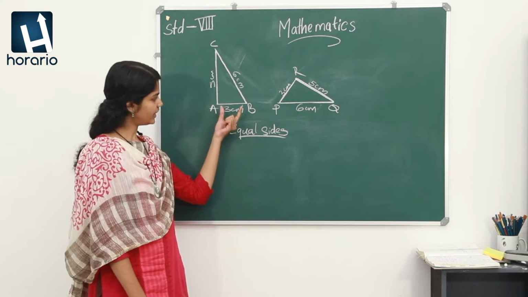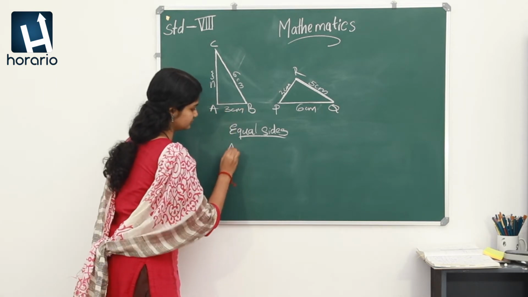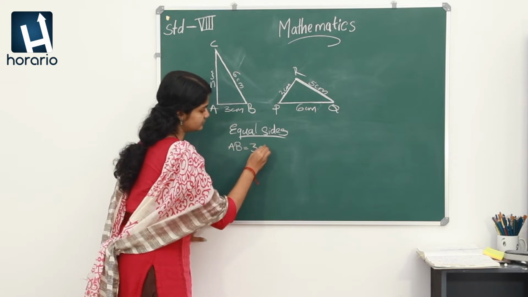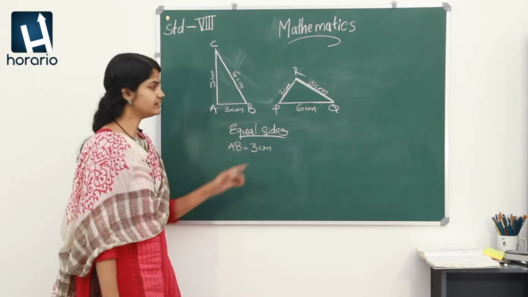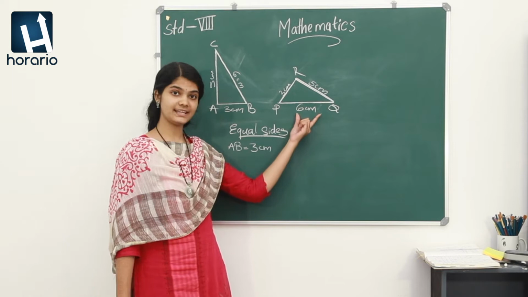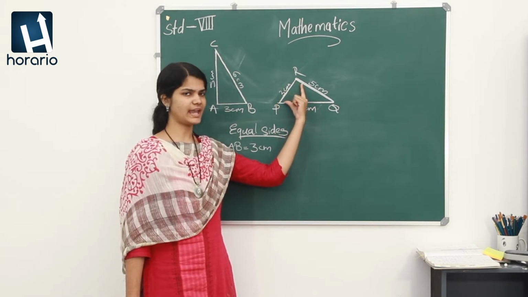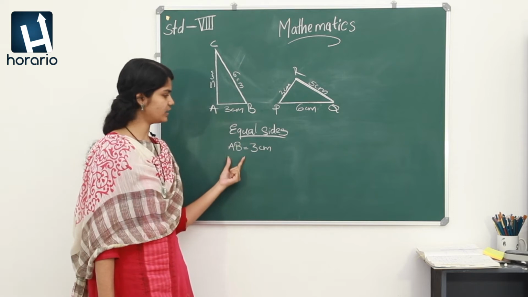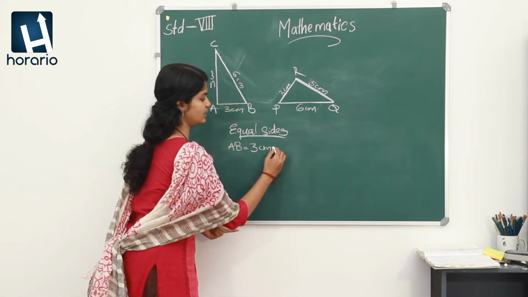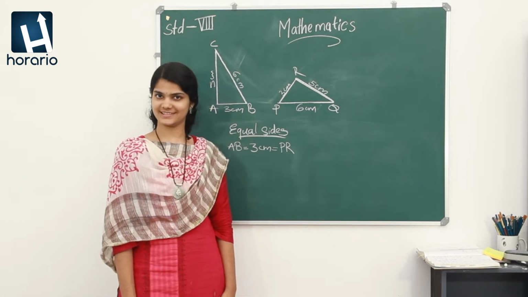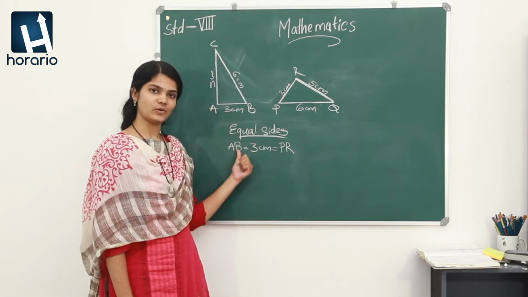Here AB is equal to 3 centimeter. In this triangle, we can see 3 centimeter as PR. So, can I write AB equal to 3 centimeter equal to PR? Yes, because they are equal sides.